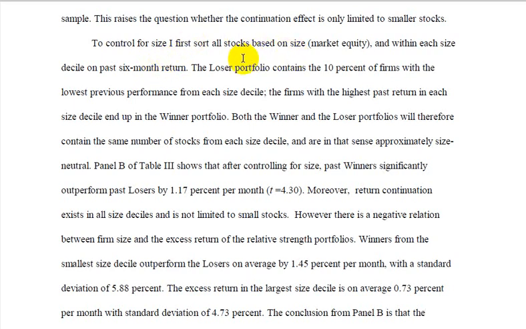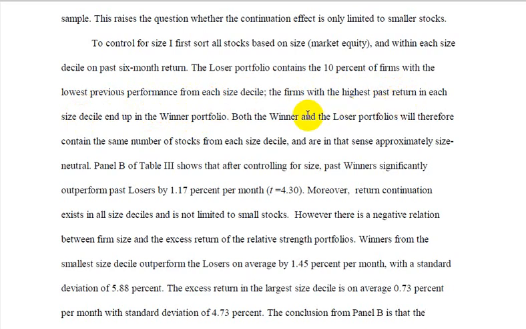Then the deciles are combined so that, for instance, the loser portfolio contains 10% of the firms with the lowest previous performance from each of the size deciles. The same goes for the winner portfolio, where the firms with the highest past return from each of the size deciles are included.